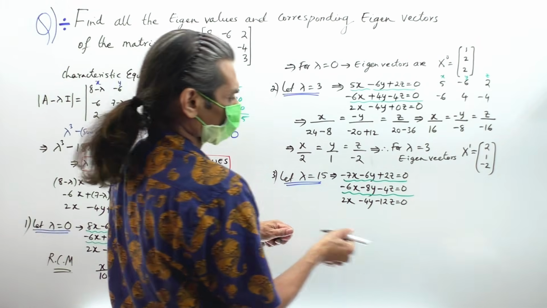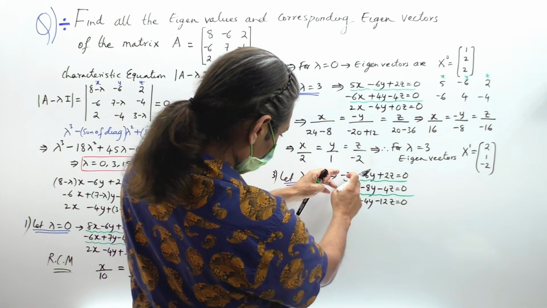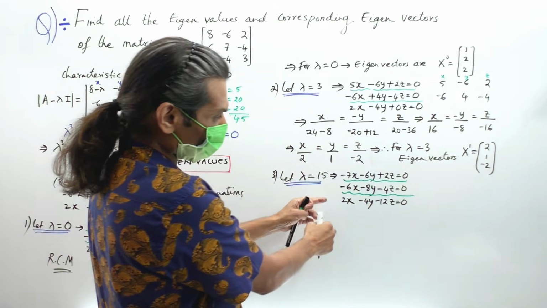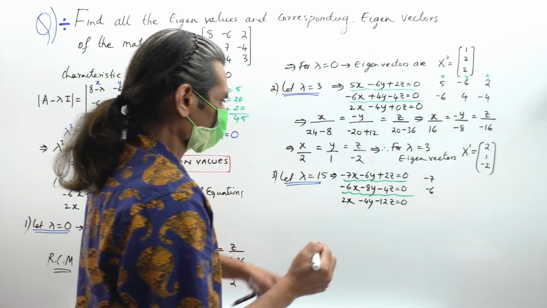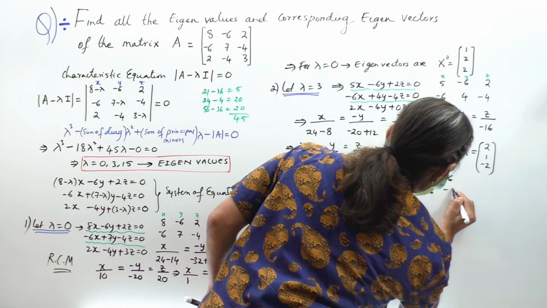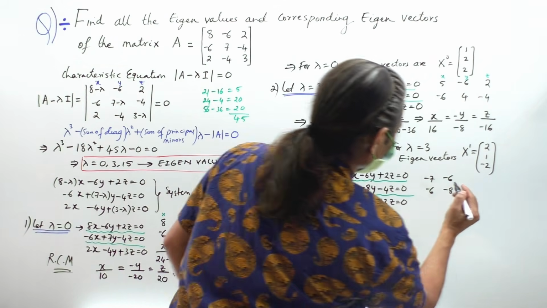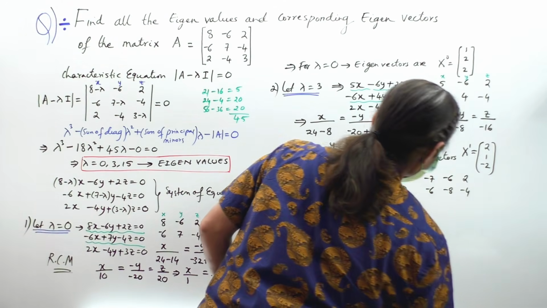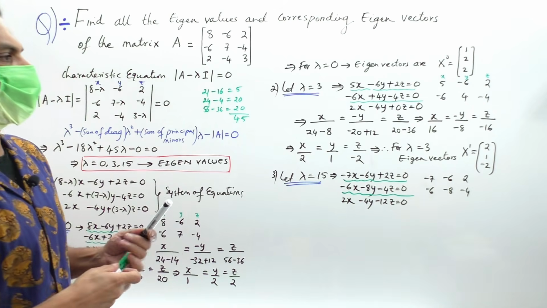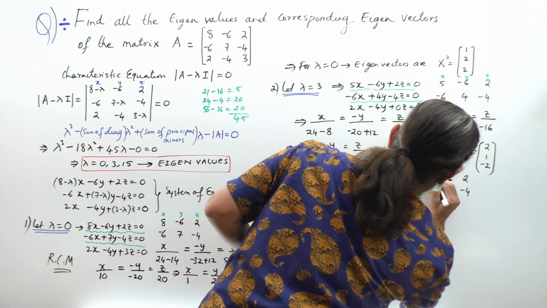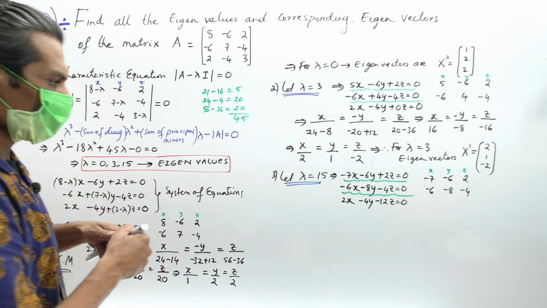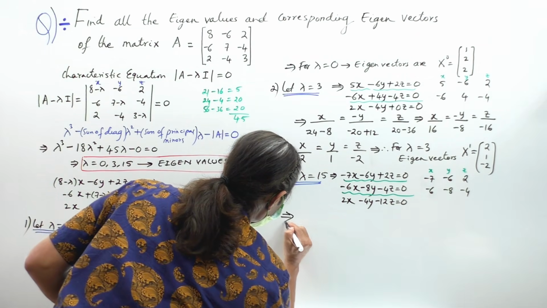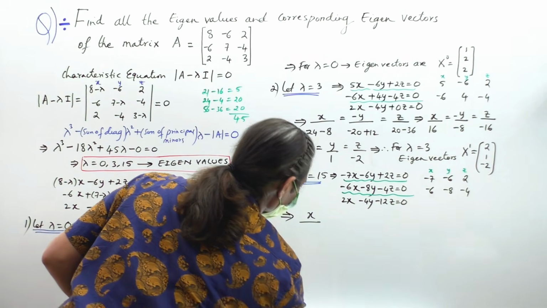Now again, 7, minus 6, first 2 rows as I told: minus 7, minus 6, minus 6, minus 8, 2 and minus 4. As I told you, this is for x, y and z. Write each step carefully. Now x, that implies x divided by.